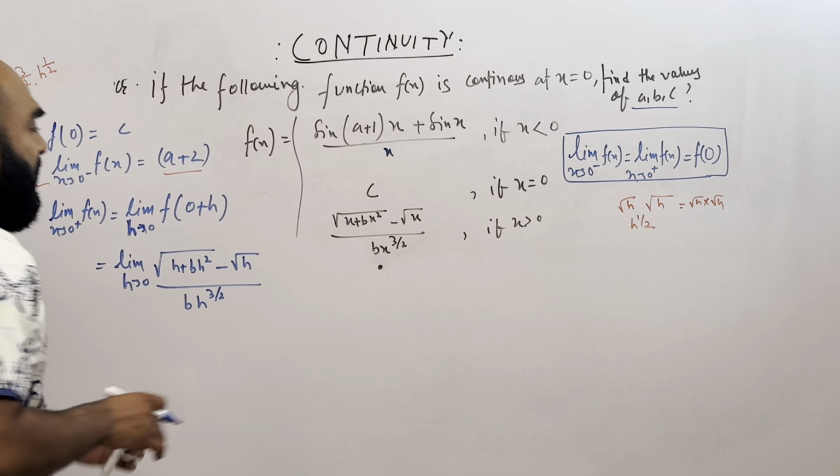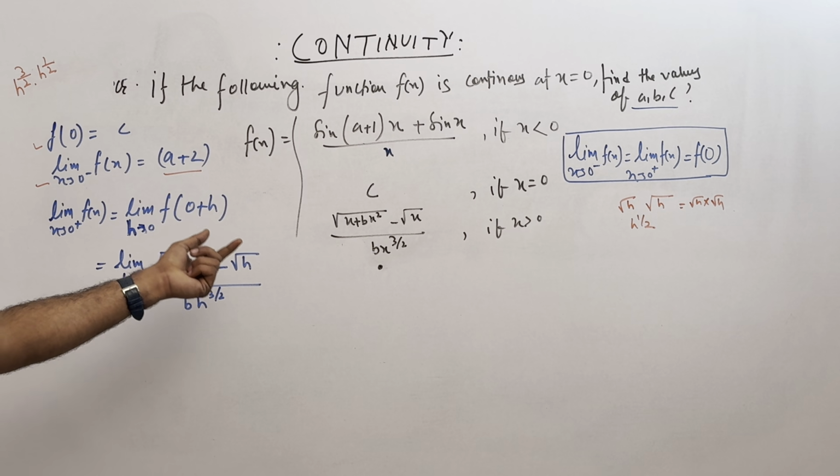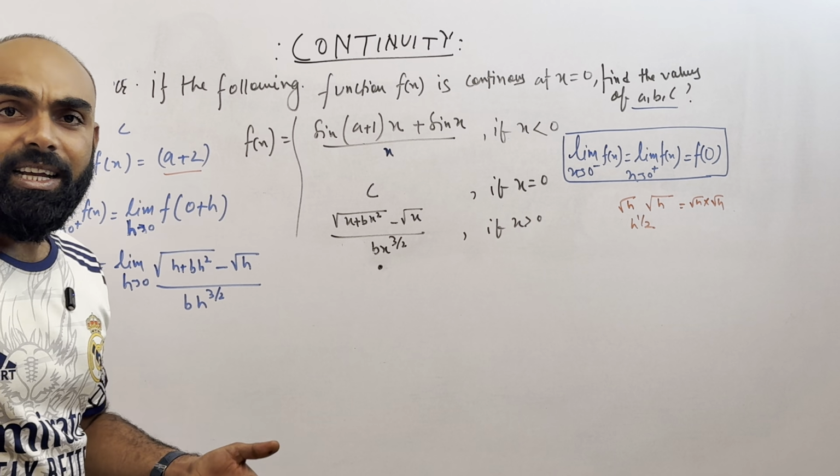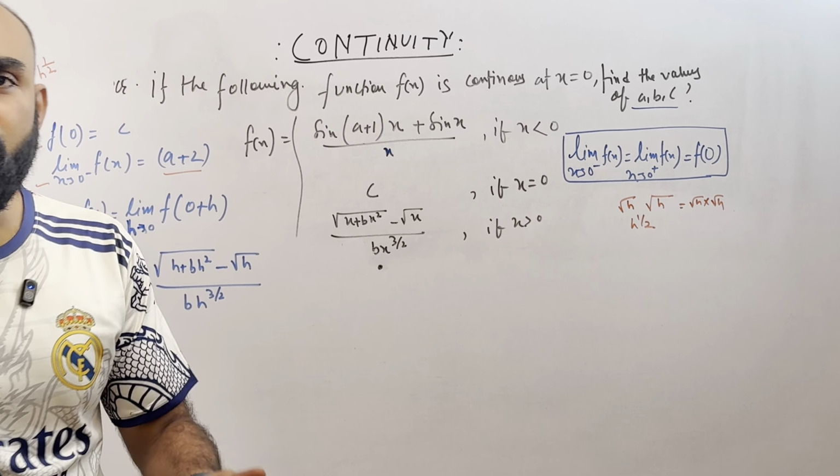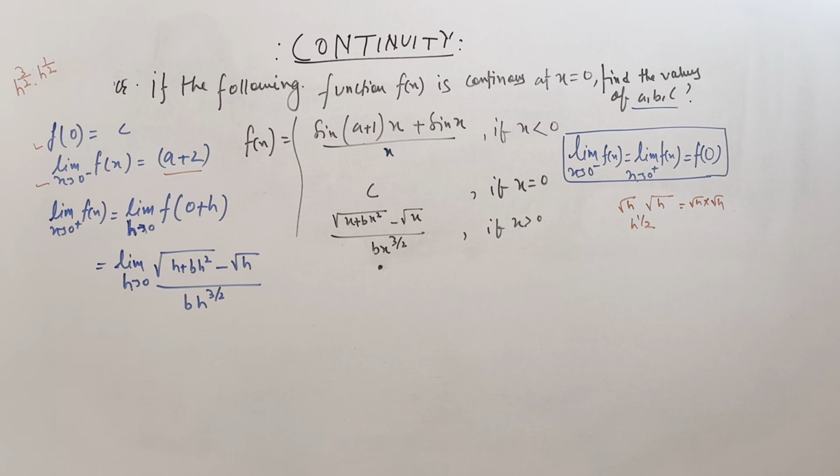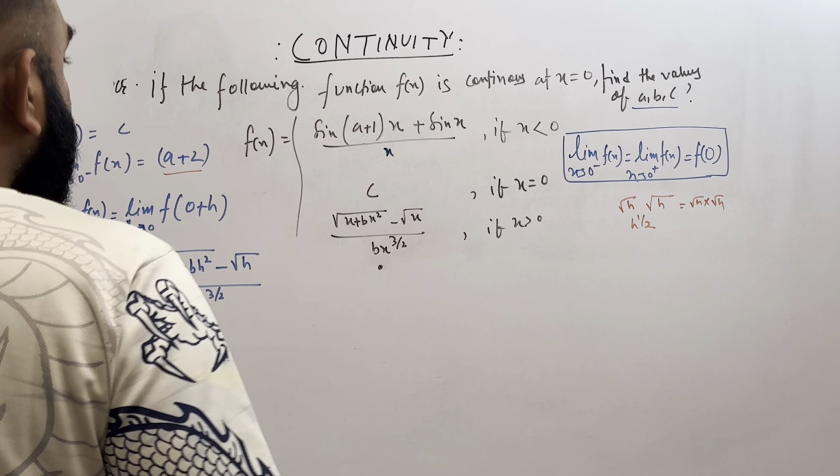In place of x we are keeping 0 plus h, and 0 plus h is what? h only. So h plus b h square minus root h divided by b h to the power 3 by 2 is there.